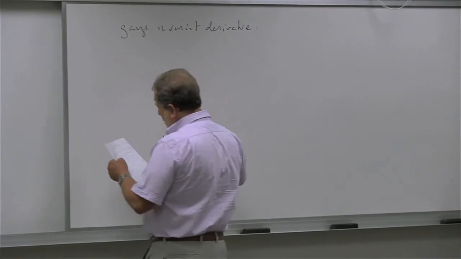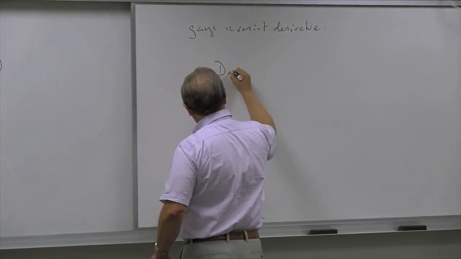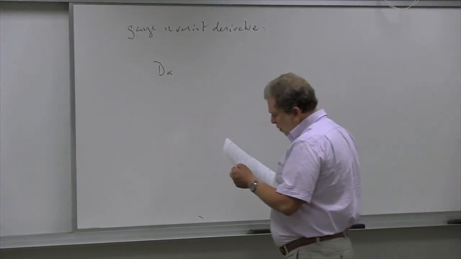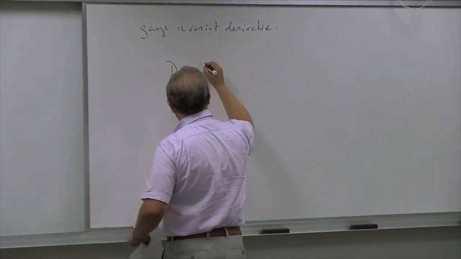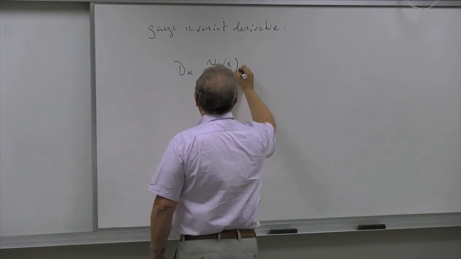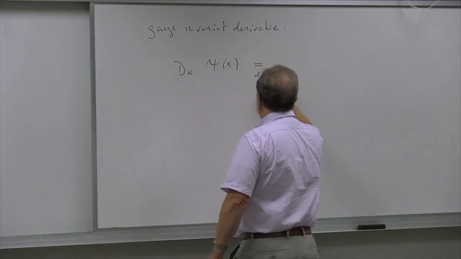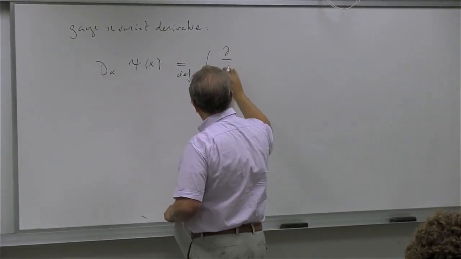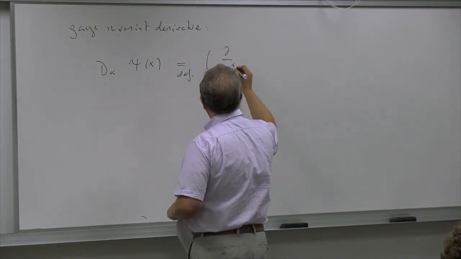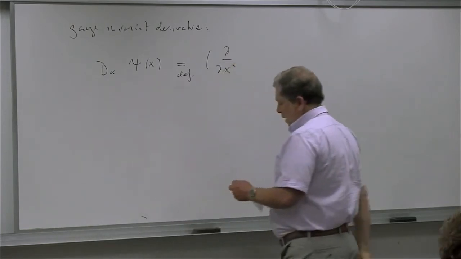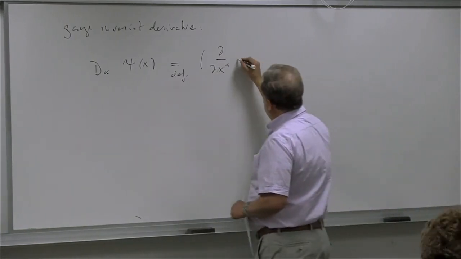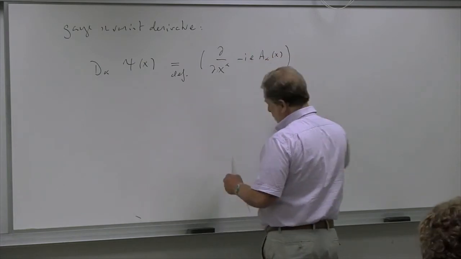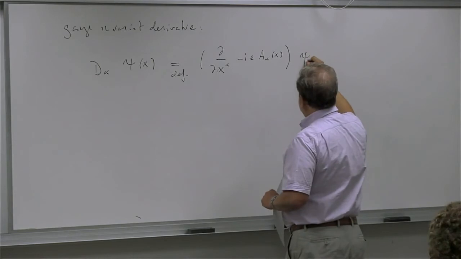You take D alpha, so you use the capital symbol, and you apply that on psi of x. And this is defined as taking the ordinary derivative, d by dx alpha, and adding to it the minus i e A alpha of x that I had a moment ago, and multiplying that by psi of x.